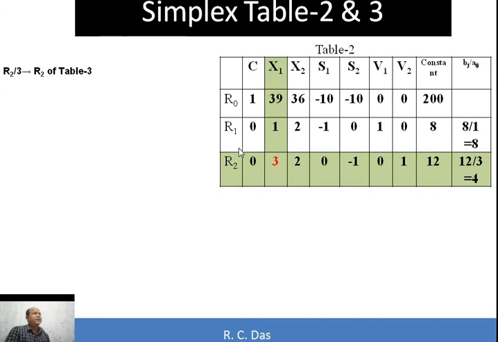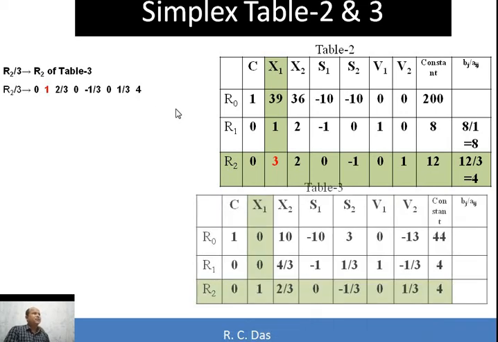So as there is a change, accordingly the other elements will also change. The relation is that R2 divided by 3 will give R2 of table number 3. So by dividing R2 by 3, we get 0, 1, 2 by 3, 0, minus 1 by 3, 0, 1 by 3, 4.